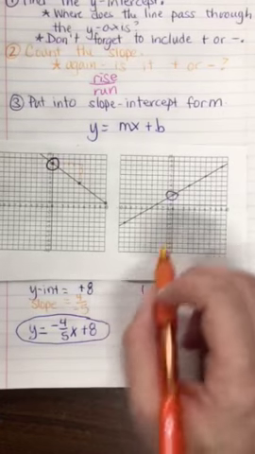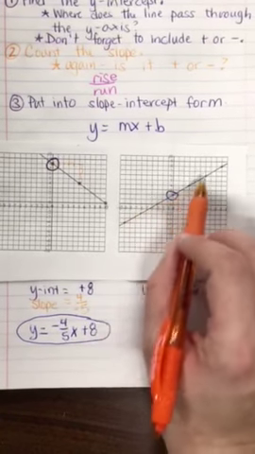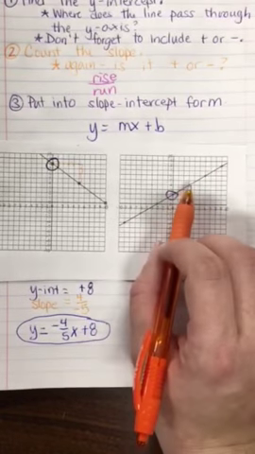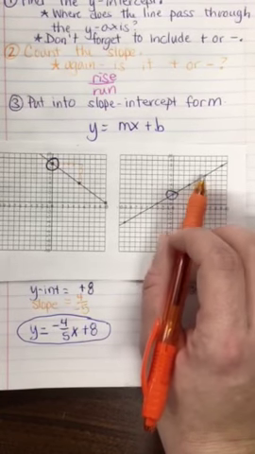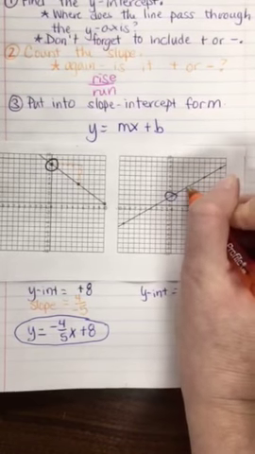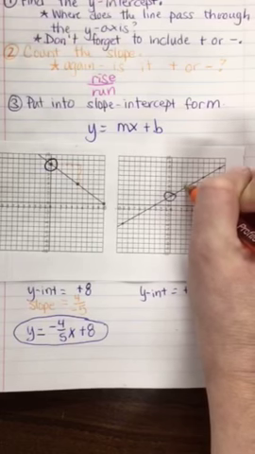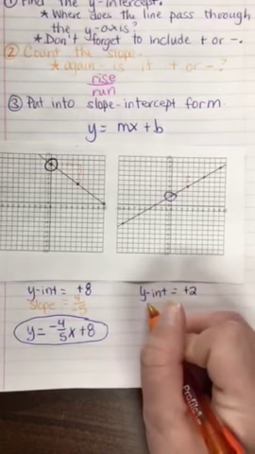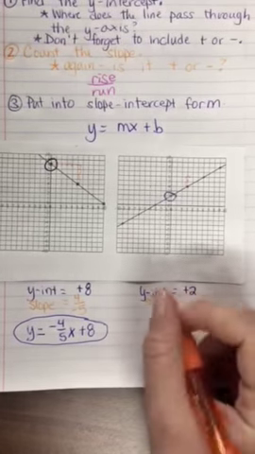Now I'm going to count my slope. Remember, you can use any 2 points along the line to count your slope. But you're going to start at one that's lower than the other and then count rise over run. So I'm going to use this point and this point. I'm going to start here and I'm going to count my rise. 1, 2. So I went up 2. Go ahead and write slope.